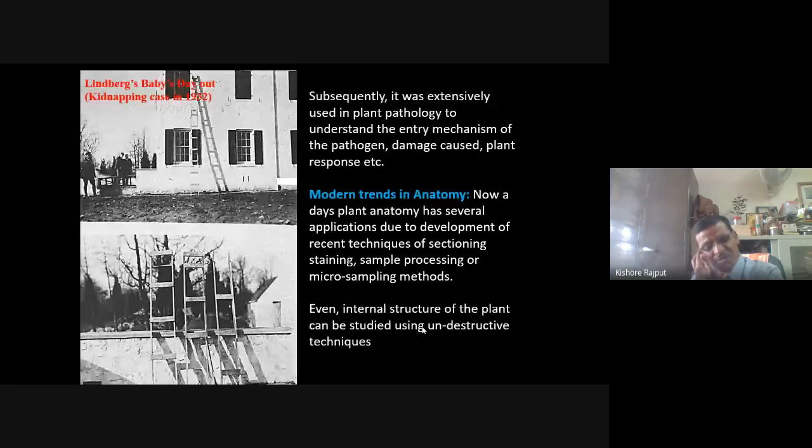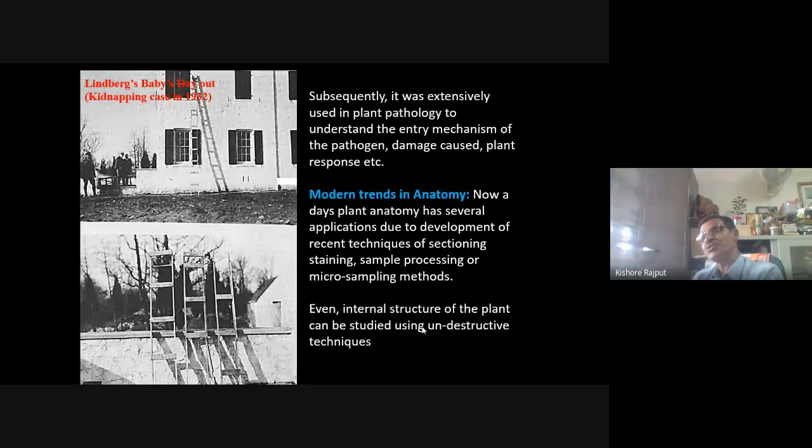And everybody knows Katherine Esau. Basically, she was a pathologist. She was working in Wisconsin, in an agricultural university, that is agriculture and forestry, and she was an expert in anatomy plus using anatomical techniques in detecting pathogens, their role, and how to control them.